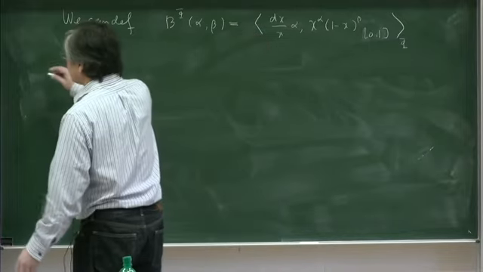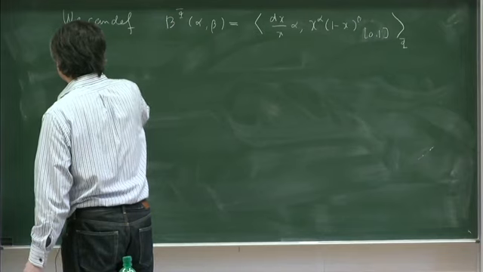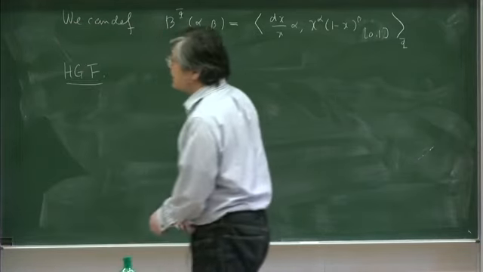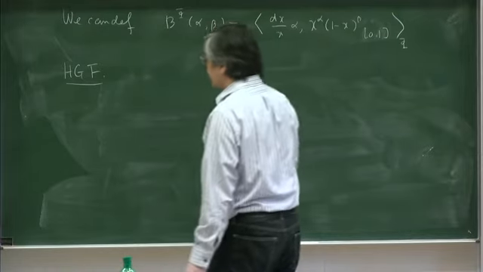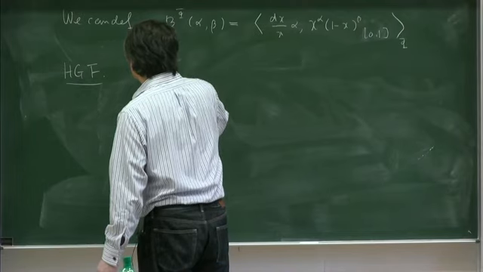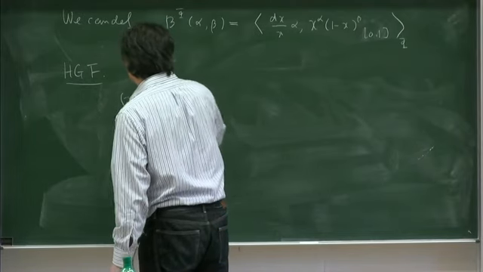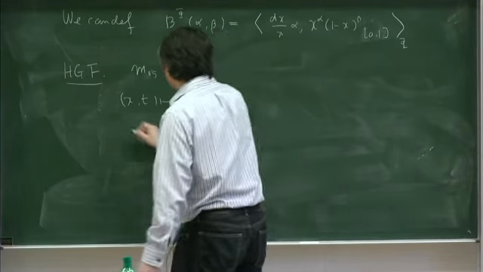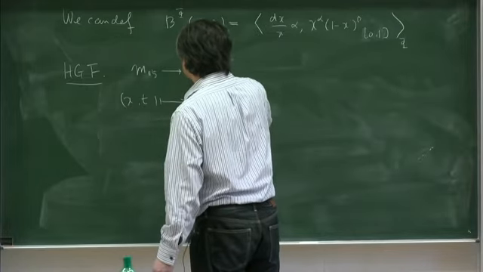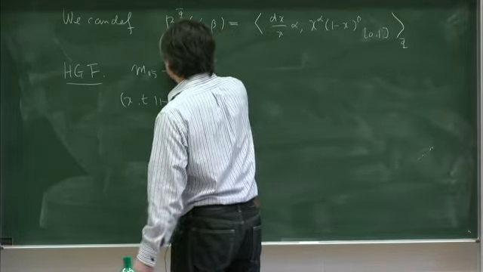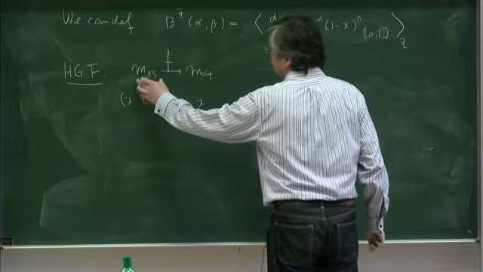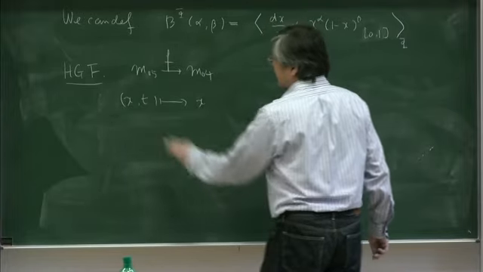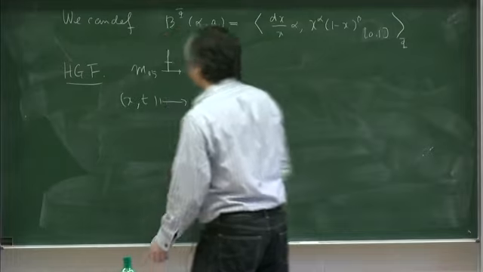And also we can define many things for the hypergeometric function. But this is a function. So to define the hypergeometric function, this is M05 to M04. We consider the map from M05 to M04 by forgetting the second variable.